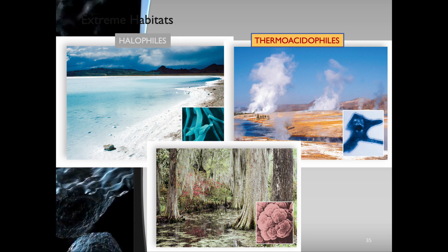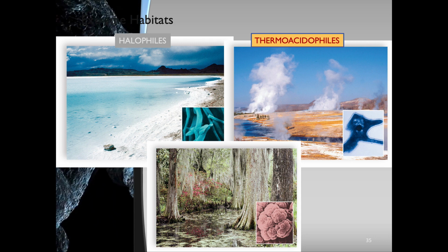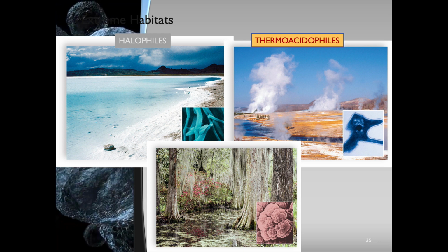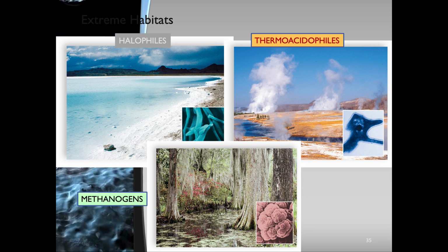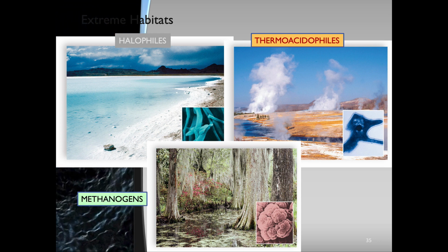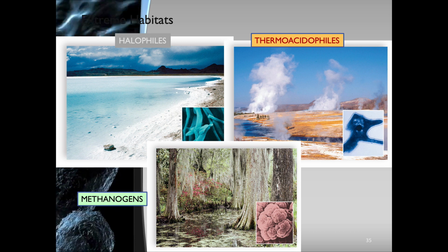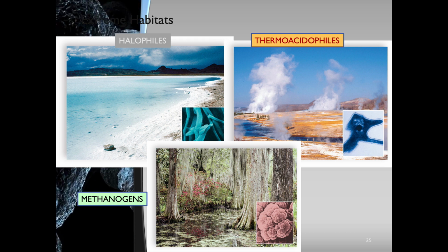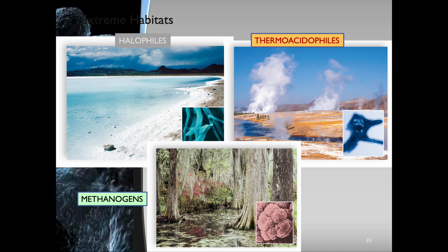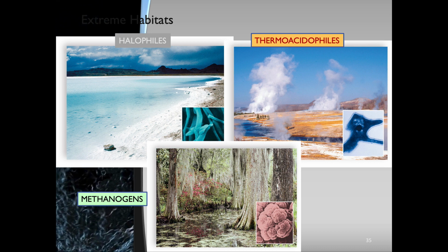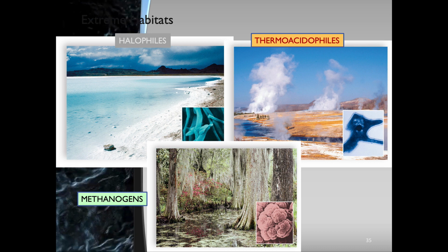You'll find thermoacidophilic archaean bacteria in those places. And then lastly, we have those methanogens, where they produce the methane. They'll be living in these anaerobic conditions down in the muck, and they'll bubble up those gases that they're famously known for.